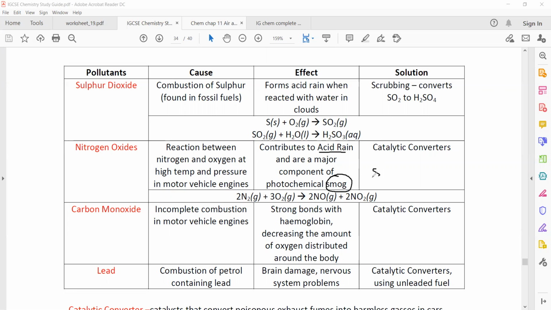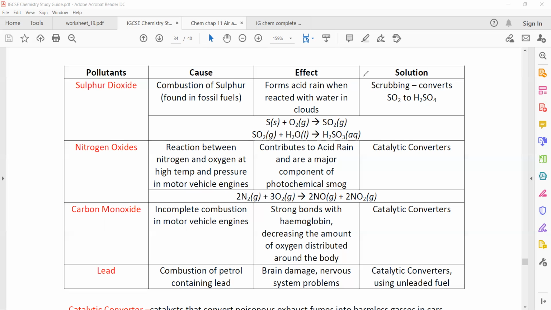Smog is a combination of smoke and fog together. So photochemical smog reduces the amount of sunlight entering the Earth's atmosphere. And how can we overcome this? We can use a catalytic converter.